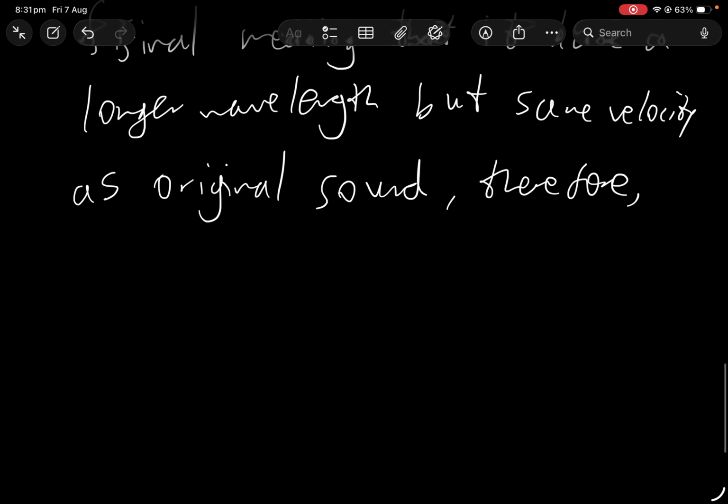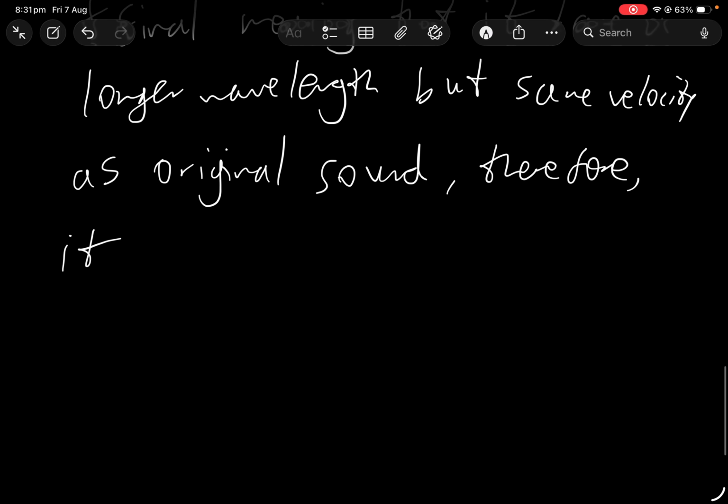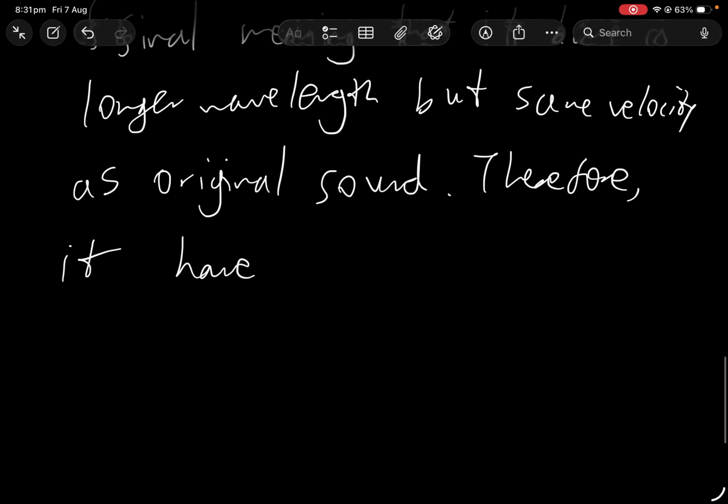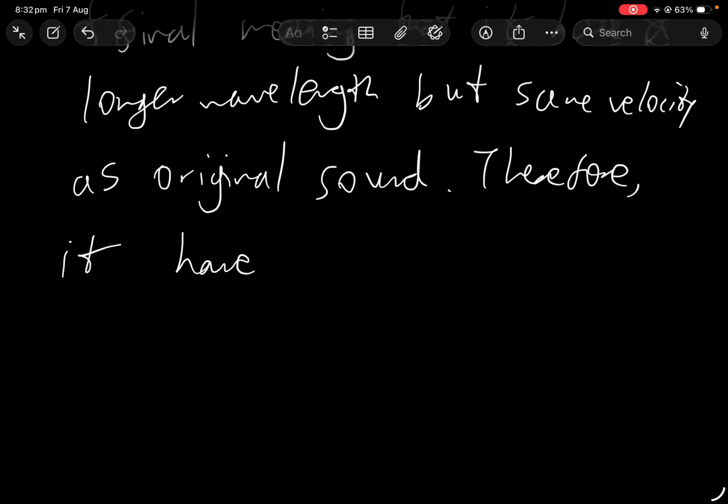Therefore, it has a smaller, wait no, longer wavelength, so it should be a same velocity, wavelength frequency was smaller.